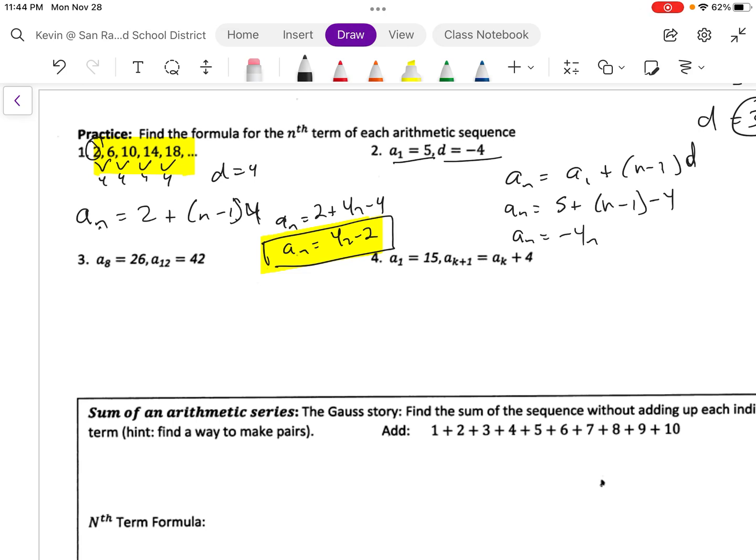Let's see, that's going to be 4 plus 5, which is plus 9.